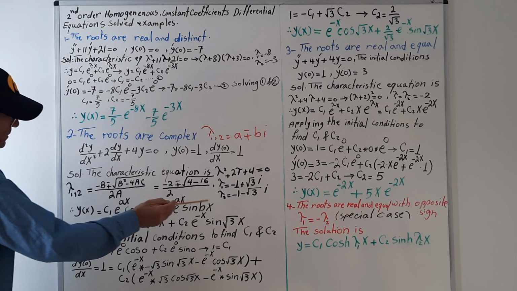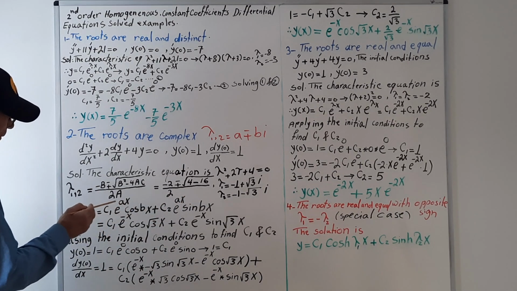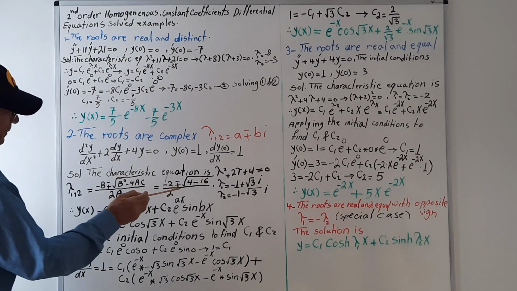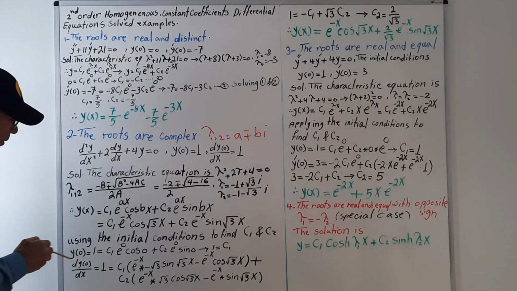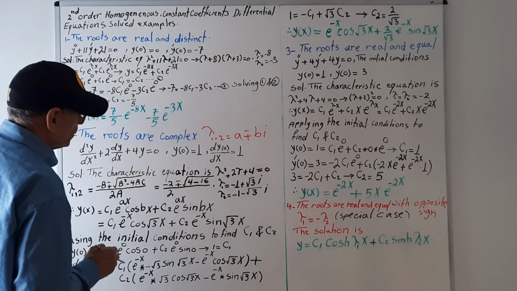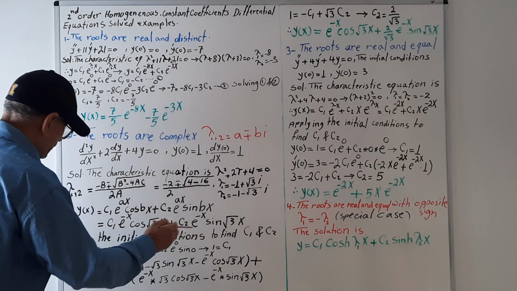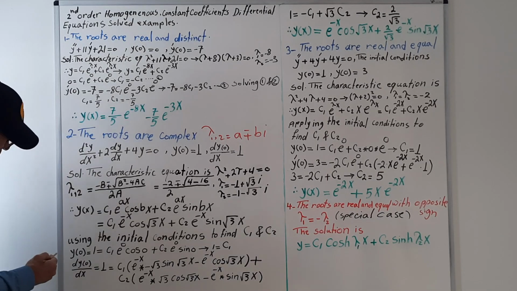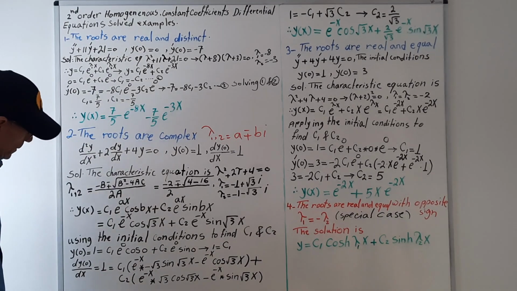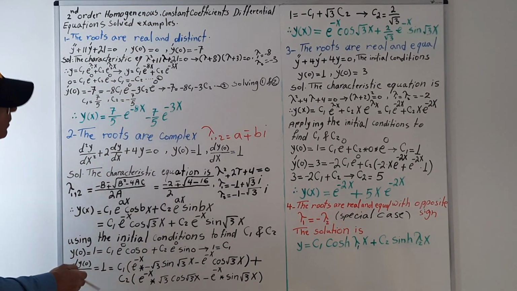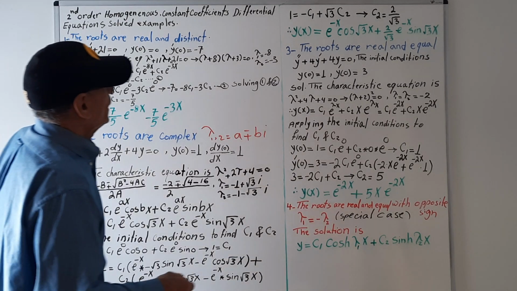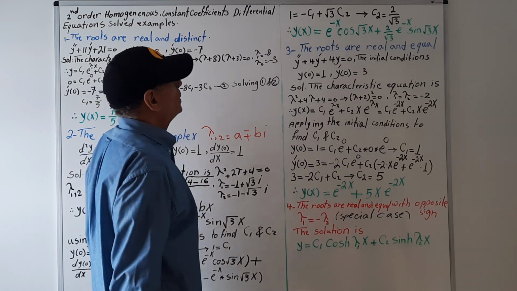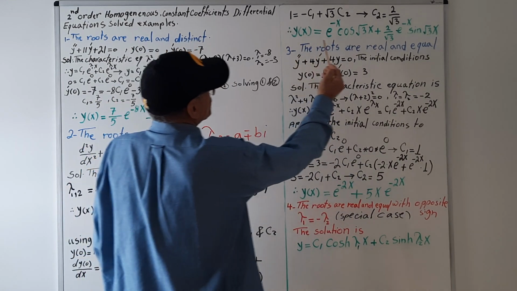These are our constants, and here a is equal to minus 1, and b equal to root 3. Again, we insert the initial conditions, just as we did in the first example, and solving 2 algebraic equations in terms of C1 and C2, this is our solution.